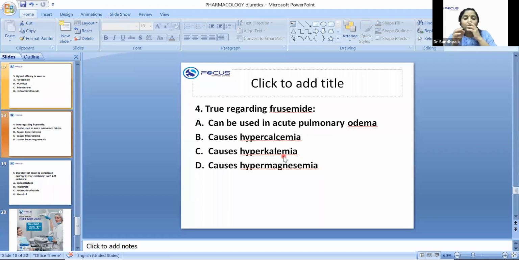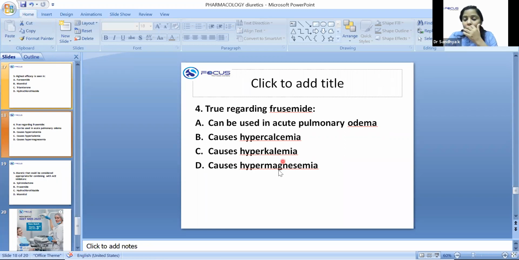Normally, when you are reading on frucimide, we will see the actions like hyponatremia, hypokalemia, hypomagnesemia, hypocalcemia. All these actions will be seen everywhere. You will come with questions based on these things.